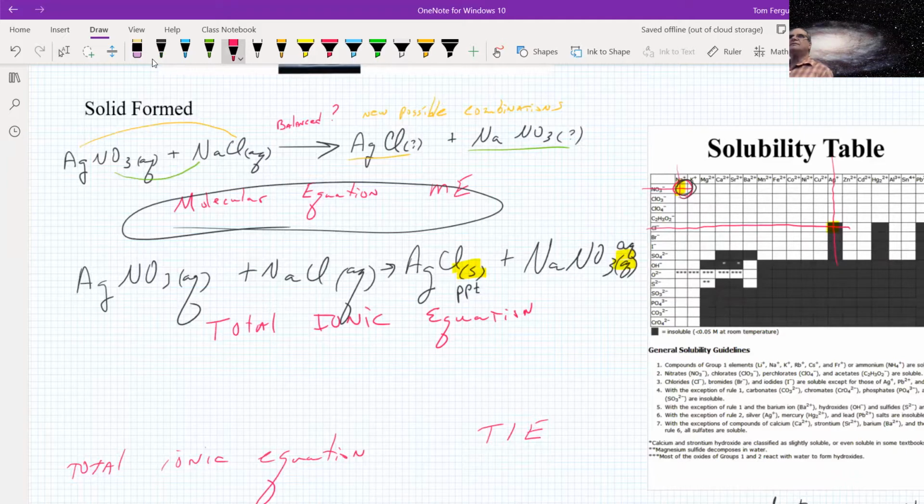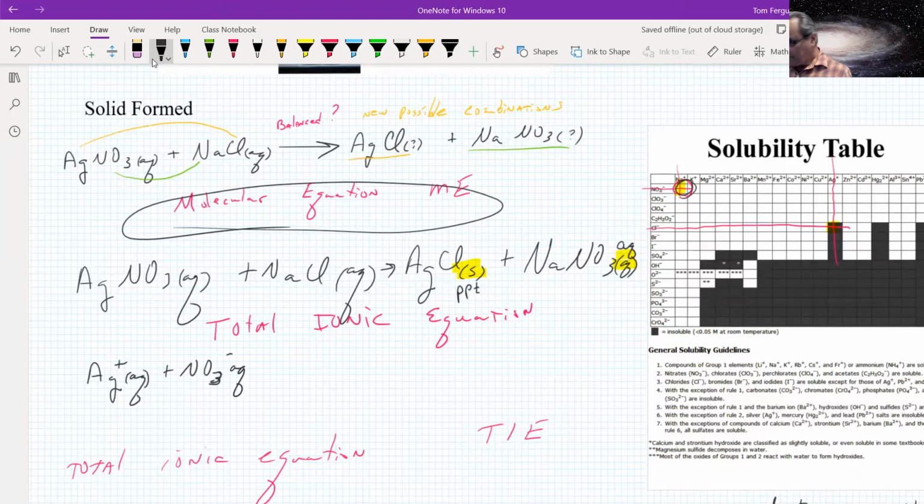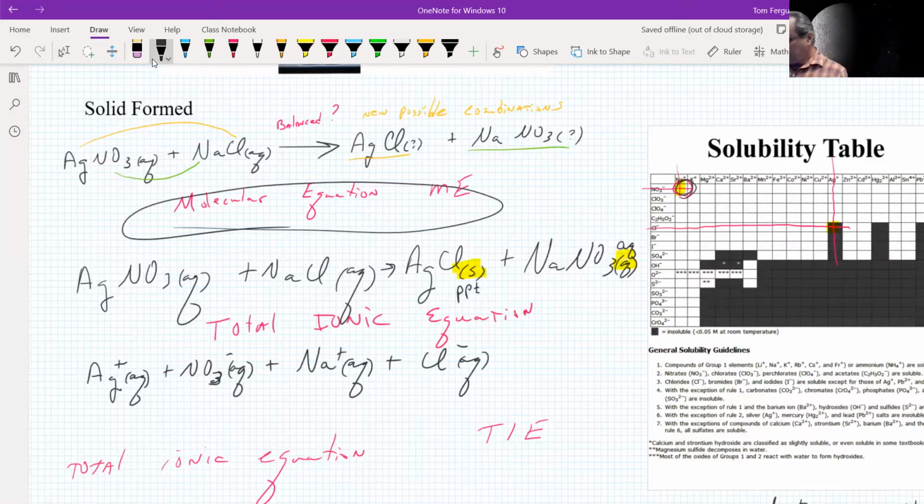So that means the silver and the NO3 come apart. The NO3 comes apart. The sodium comes apart. And then we have the same double swap.